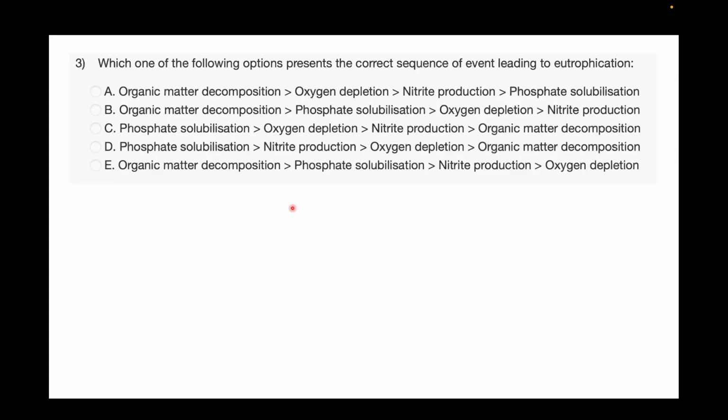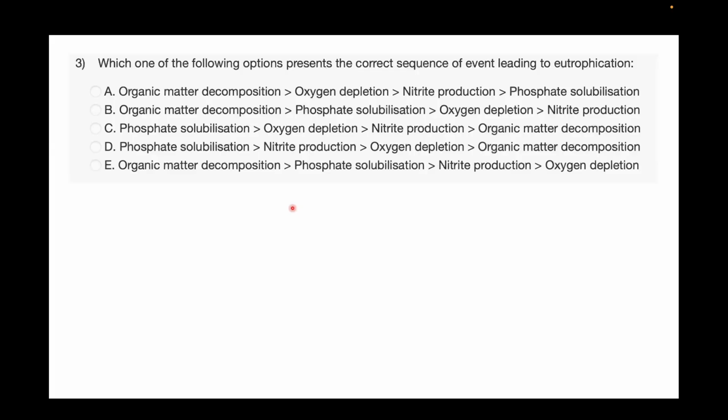organic matter decomposition happens first, then oxygen depletion, then nitrite production, and phosphate solubilization. So from left to right is the order in which the events happen. Option B, organic matter decomposition, phosphate solubilization, oxygen depletion, nitrite production.